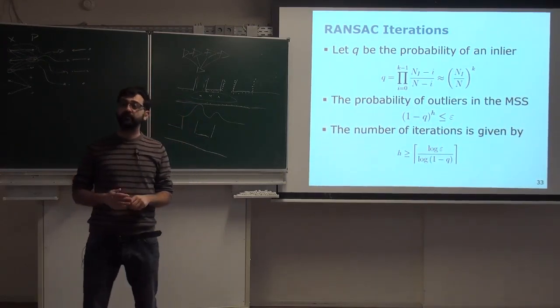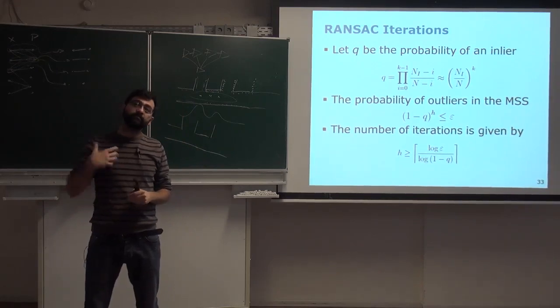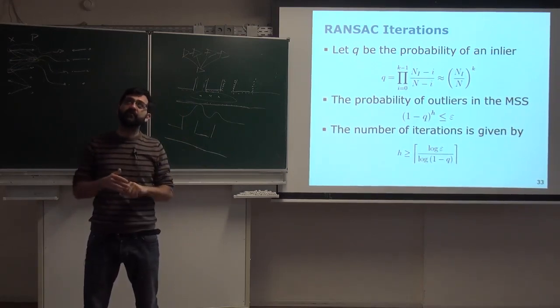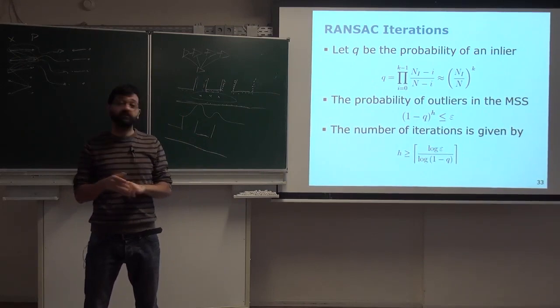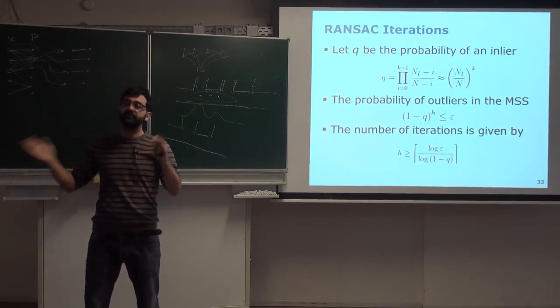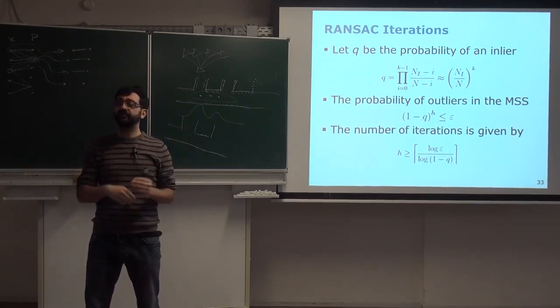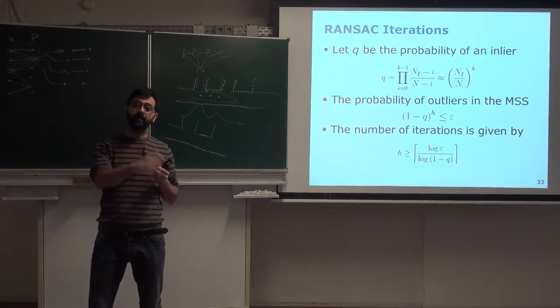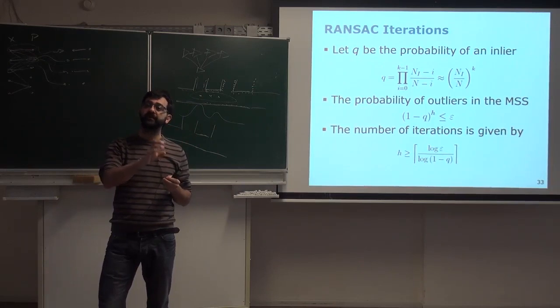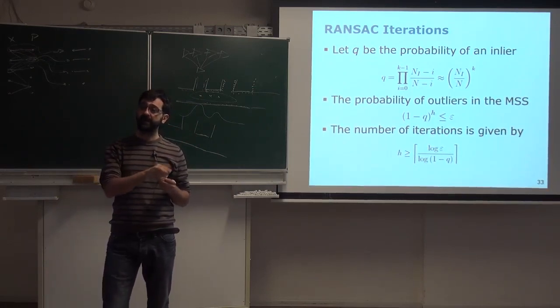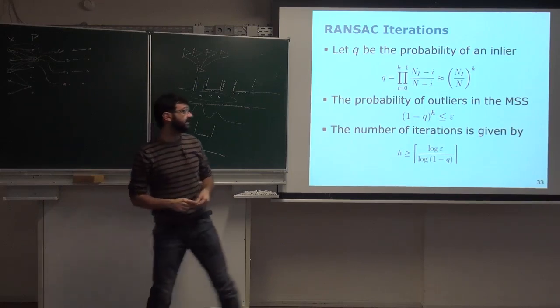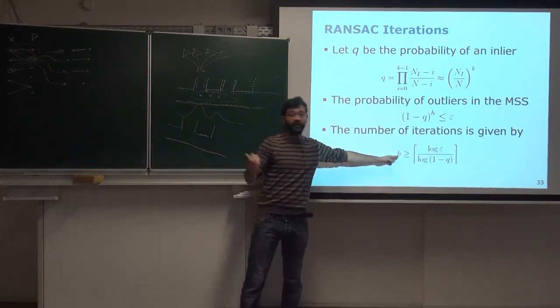So we have a way of computing, let's say, the optimal number of iterations, given a certain inlier ratio and a certain target probability for how sure we want to be that we didn't make a mistake. Okay? This doesn't tell us that we are finding the correct solution.